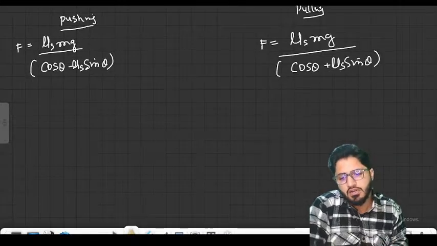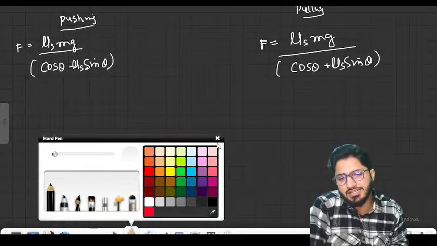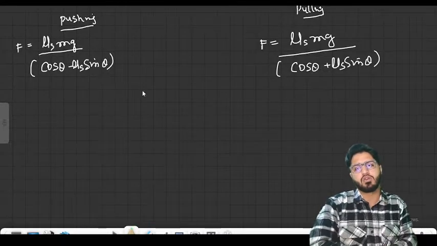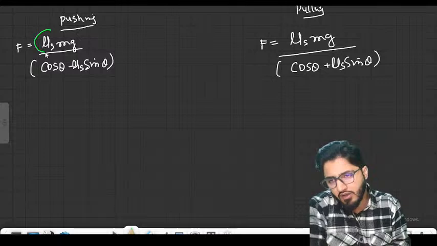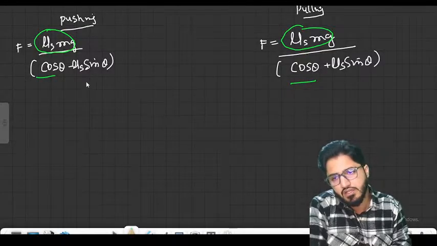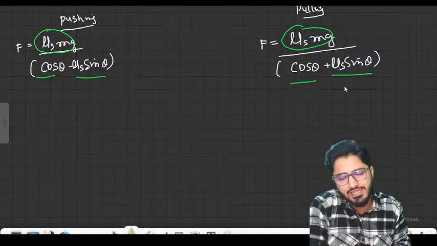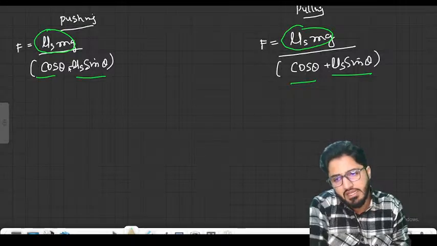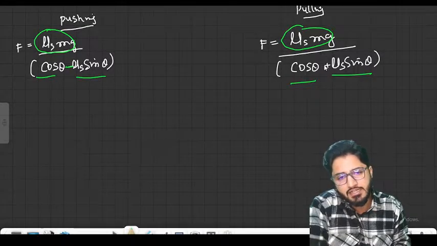Pushing and pulling. Now you can easily tell which one is bigger. How? Look, the numerators of both the forces are the same. Cos theta, nu s sin theta, both are the same. But here it is different. There is a minus here and a plus here.